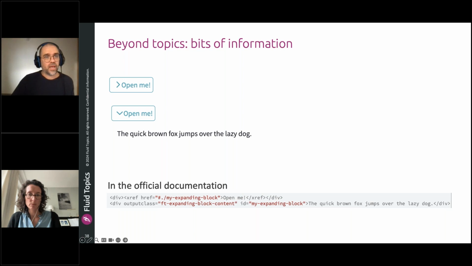If we know that the FT expanding block content class must be used with an ID, we will just extend the possibilities of this generic function from the product, thanks to a DITA OT plugin. And that is amazing. That's why it is pretty interesting, because we are into the consideration of content transformation and how we interconnect with the product and its specificities.